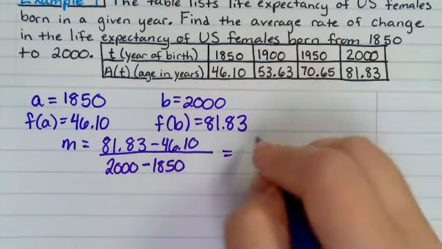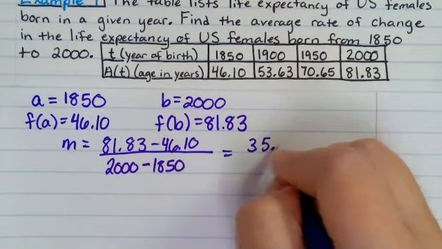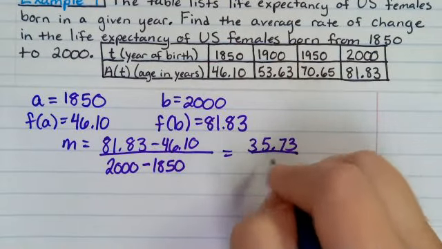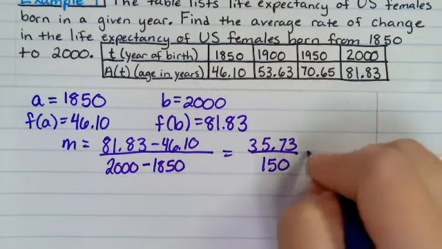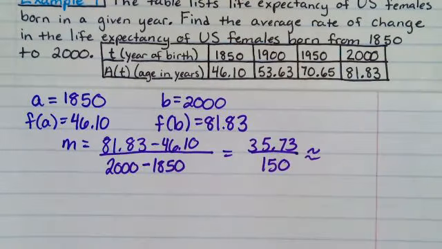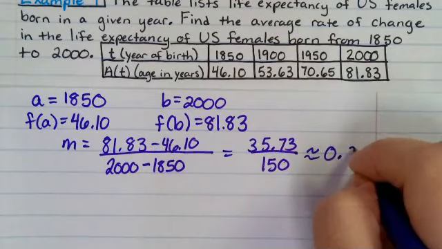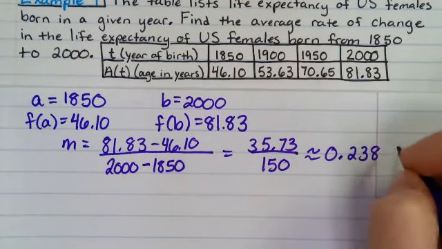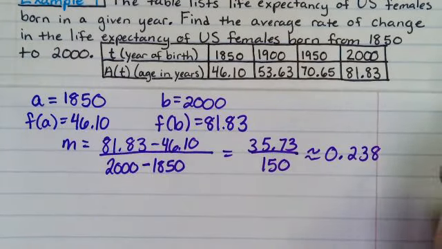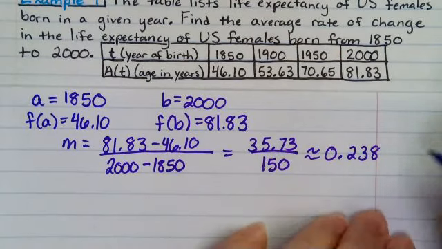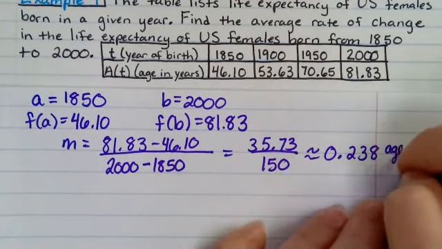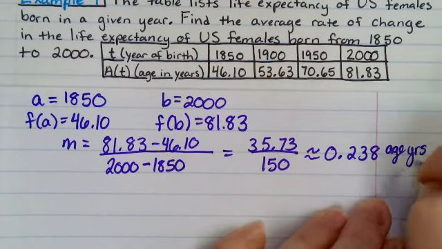This works out to be 35.73 over 150. And if we divide that out, because we don't like a decimal inside of a fraction, that's ugly, we would end up getting 0.238. And if we put units with that, I know that's kind of weird, but we would say age years per year.